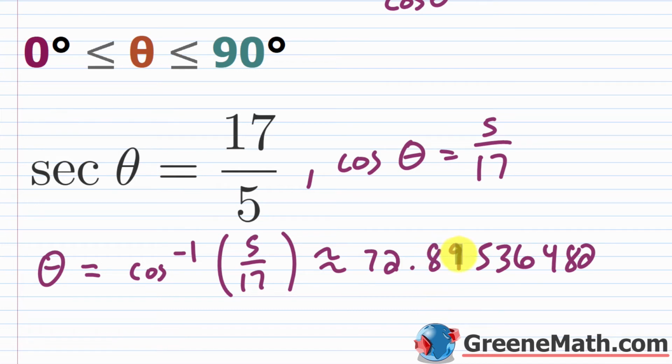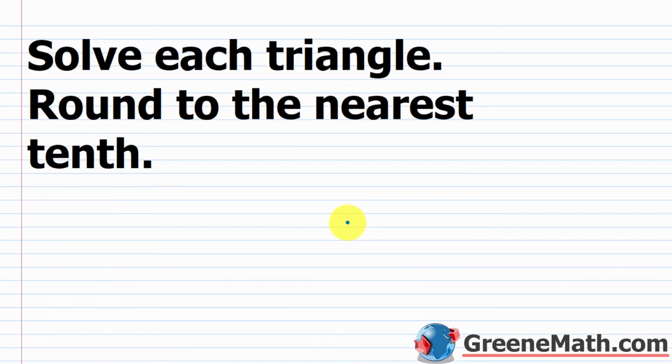So tenths, hundredths, thousandths. This is going to be the 10,000ths right there. So the digit that follows is going to be a 6. So I'm going to add 1 to that 3. That's going to give me 4, and then cut everything else off. So this is in terms of degrees. So theta is approximately 72.895 degrees.